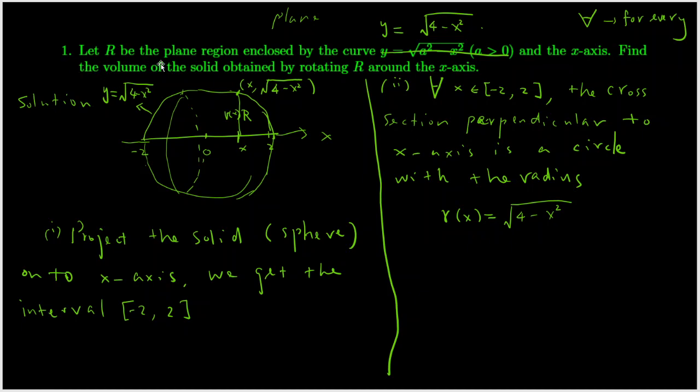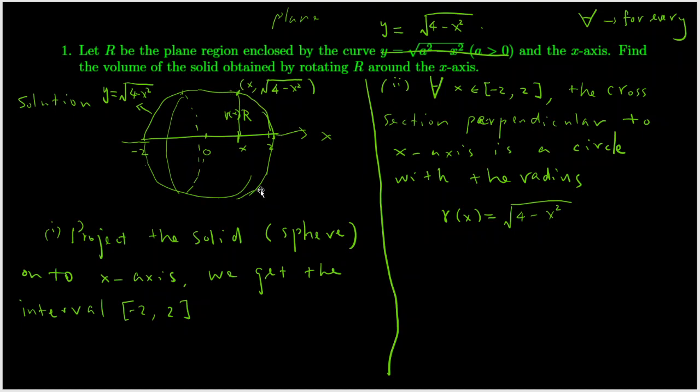Now, you are given the upper half of the circle and the horizontal axis, and they enclose a plane region. The plane region is the upper half of the solid circle. Then we rotate the whole solid circle all the way around the horizontal axis, and you have a sphere, right?